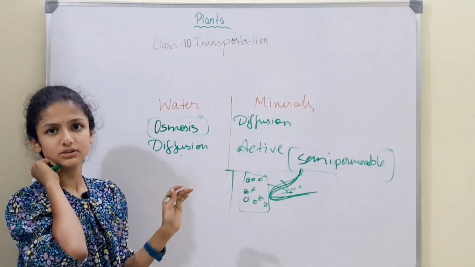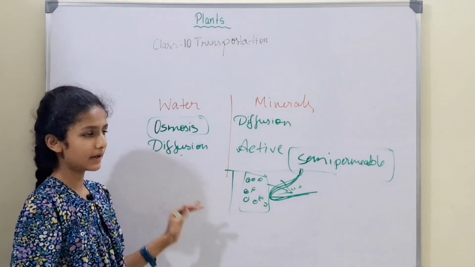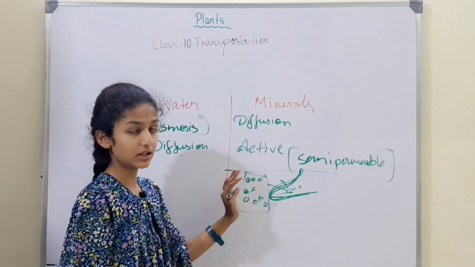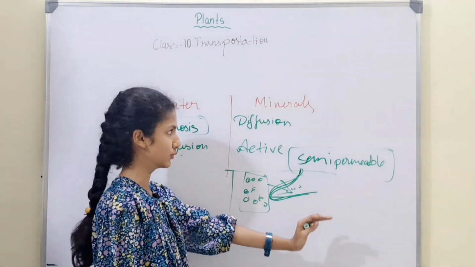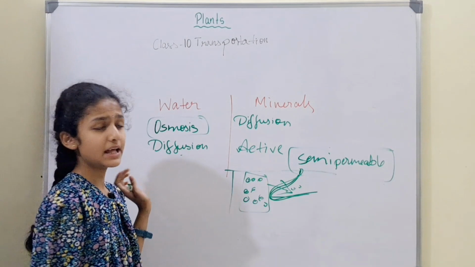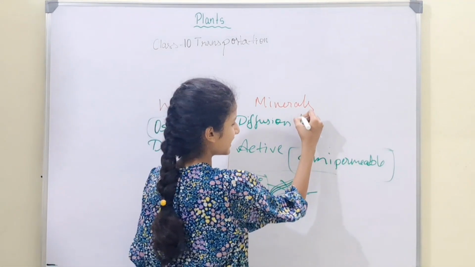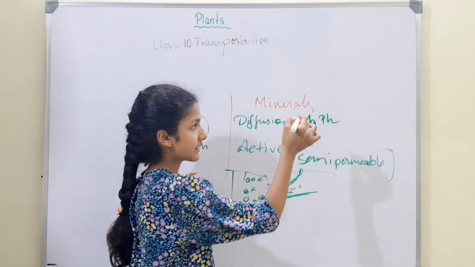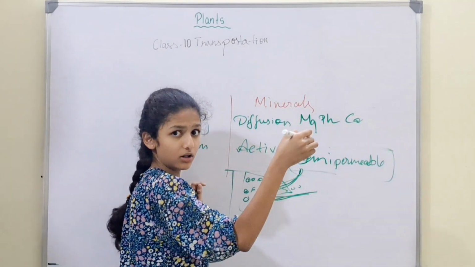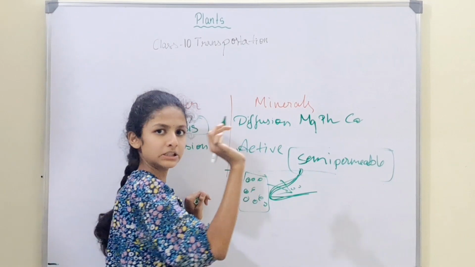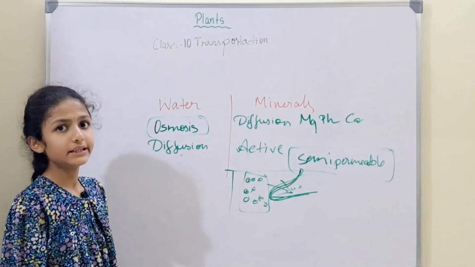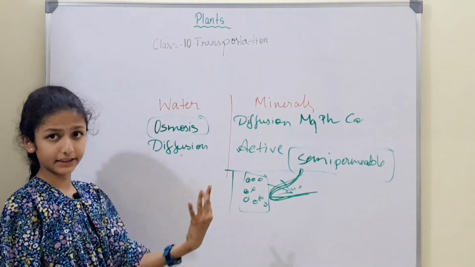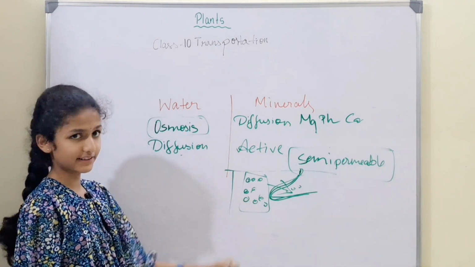For diffusion, there is no need of this semi-permeable membrane. Directly from higher to lower concentration it will move. And the minerals, suppose magnesium, phosphorus, calcium also, they are dissolved as ions in water, and these also are taken into the plant by diffusion and active transport.